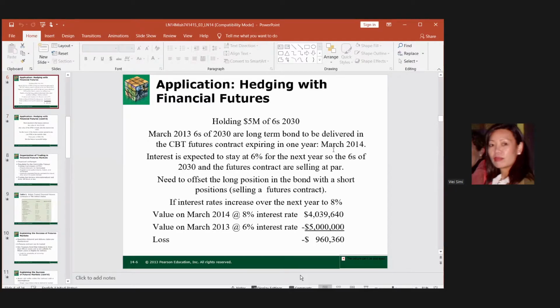At that moment you have 9 months left. You short this contract, you buy this maturity contract, March 2014, but you have 9 months left. You buy it and then close it. You understand what I'm saying?